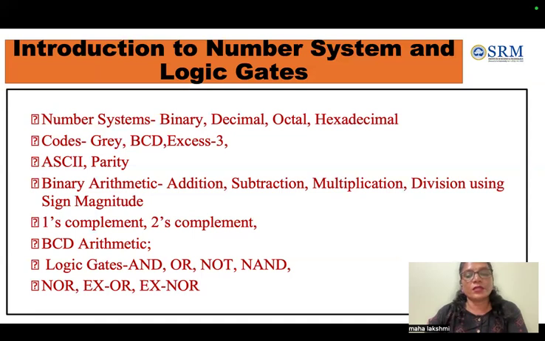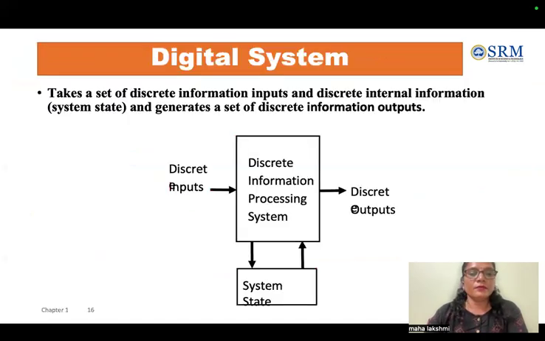We are also going to discuss arithmetic operations like addition, subtraction, multiplication, division, using sign magnitude, and also complements like ones complement, two's complement, and BCD arithmetic. Also, we have logic gates like AND, OR, NOT, NAND, XOR, XNOR.